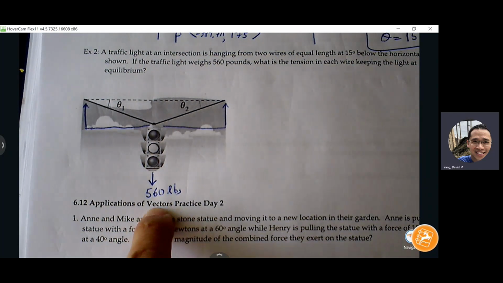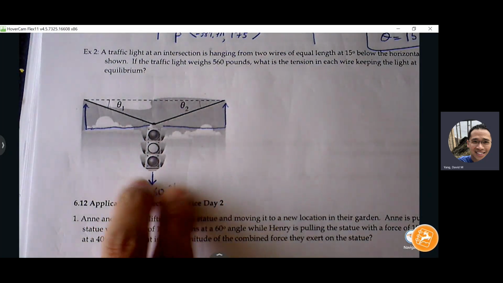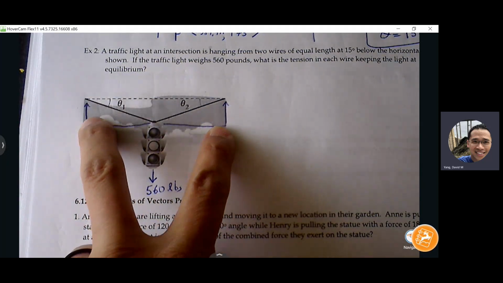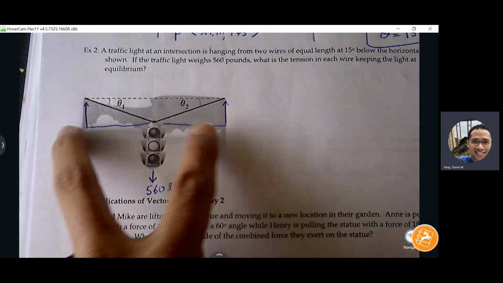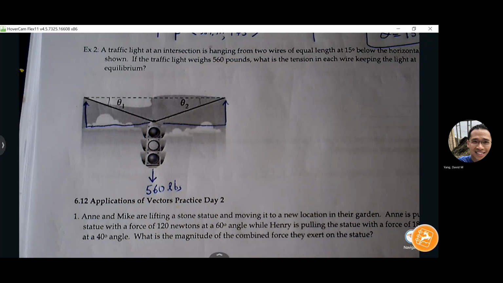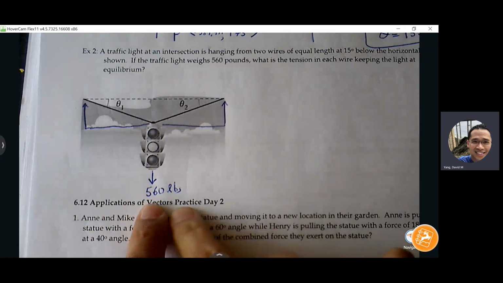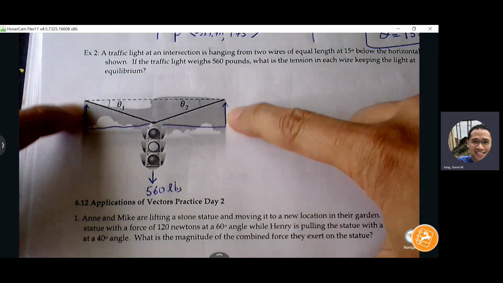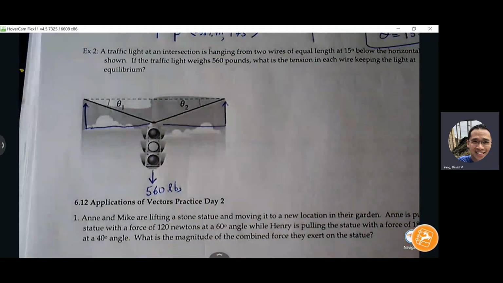So what we want to understand is that this 560 pounds has to be balanced with the vertical component of the two wires that are maintaining it at equilibrium. So that 560 pounds is going to be split between these two vertical components, pointing in the other direction, right? That's the only way that this traffic light is going to stay stable and not move.